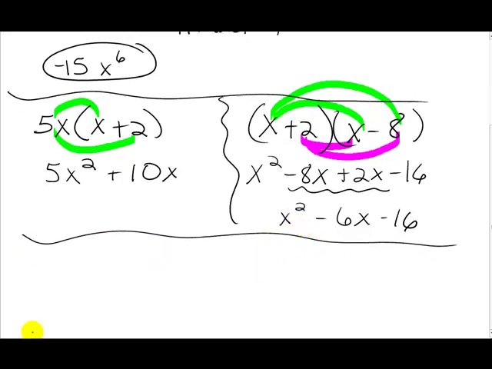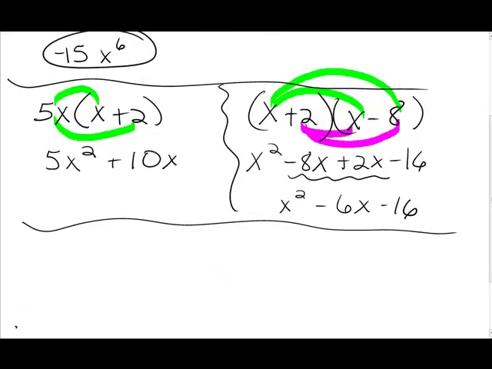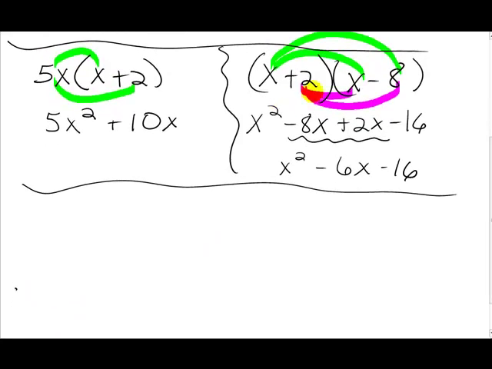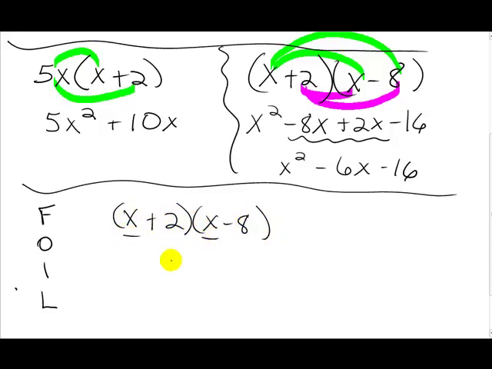We have a way to remember this when we multiply two binomials. It's called FOIL. And so what it's talking about is we take the first, and we're looking at these two, the first in each group, and we multiply those.